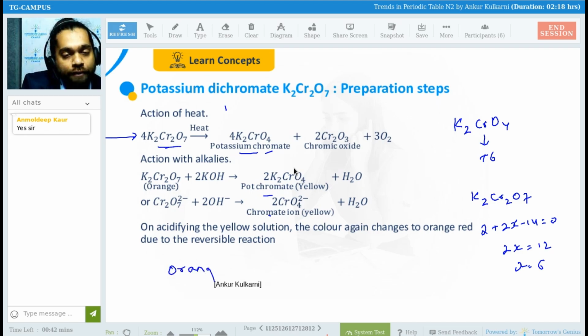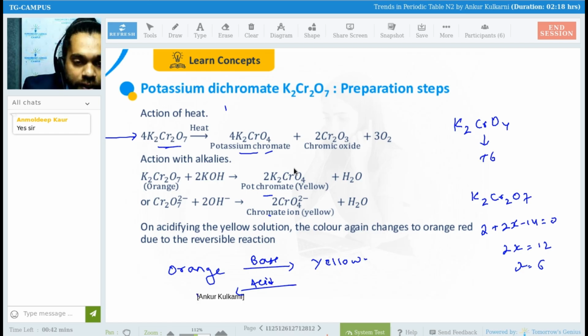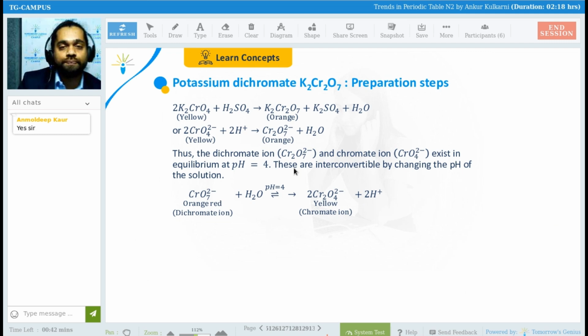And if you again add an acid, the base will get neutralized, and it goes yellow to orange again. Simple. Write down this reaction. Orange, yellow, yellow, orange, it goes on happening; you can change the color again and again.